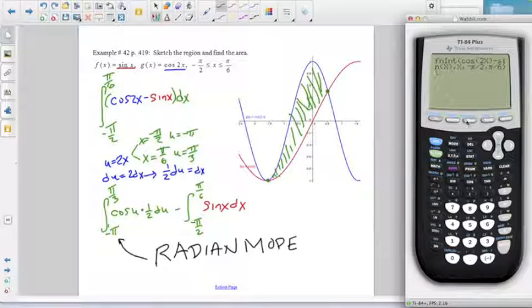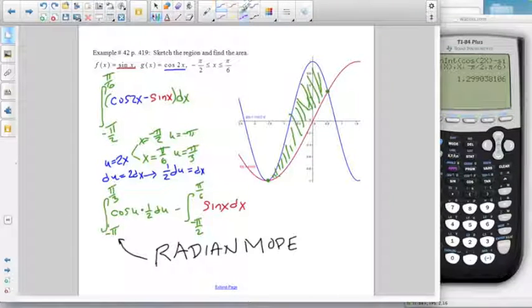And when I evaluate that, after I integrate that, the answer is 1.299.